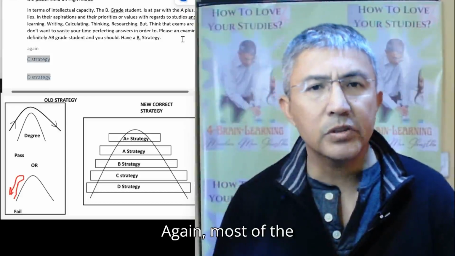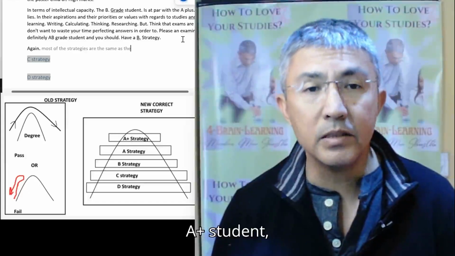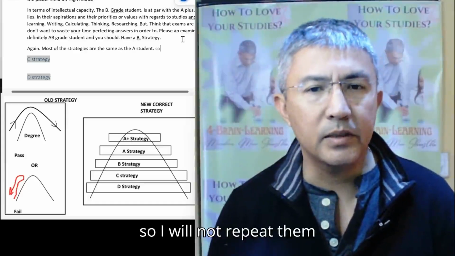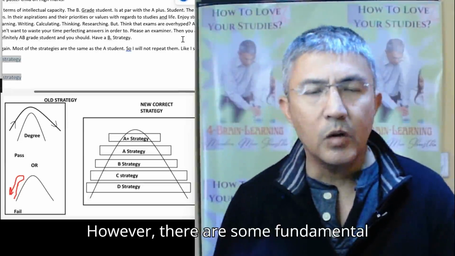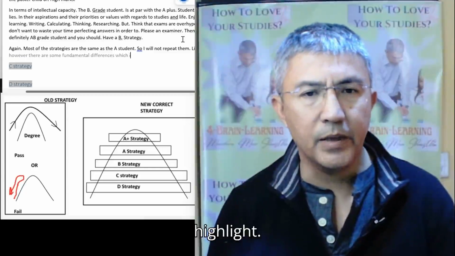Again, most of the strategies are the same as the A plus student, so I will not repeat them like I said earlier. However, there are some fundamental differences which I will highlight.